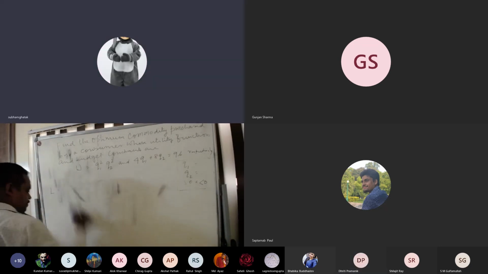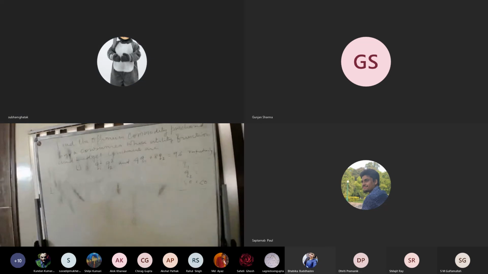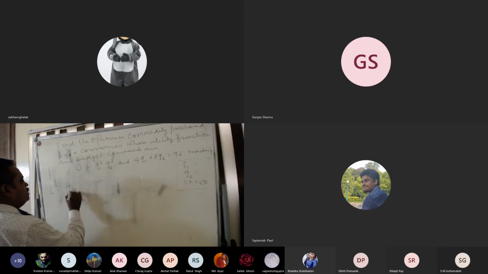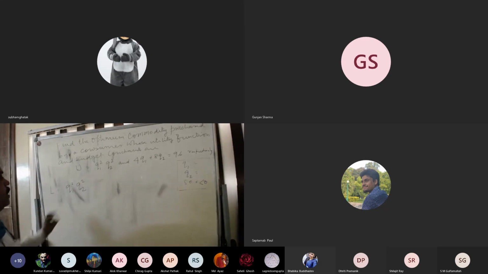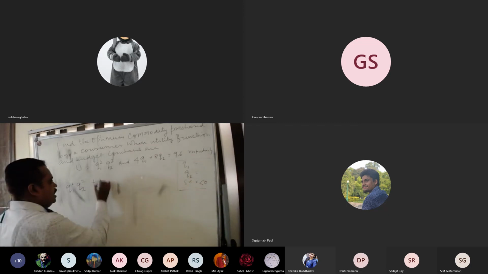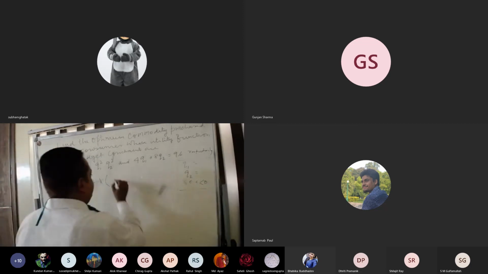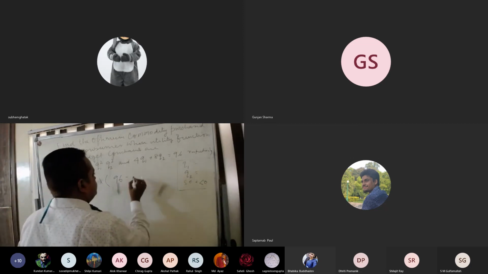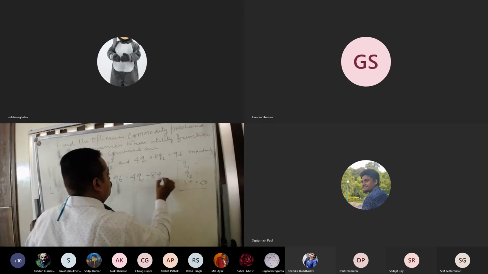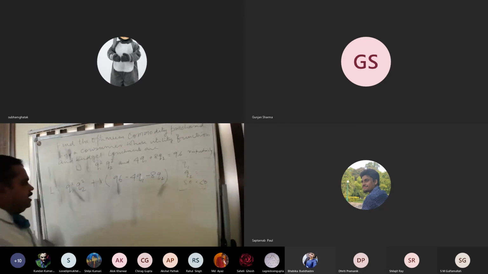Wait. Now it is visible, I hope. Q1 square Q2 square, plus lambda into 96 minus 4Q1 minus 8Q2. This is the L.